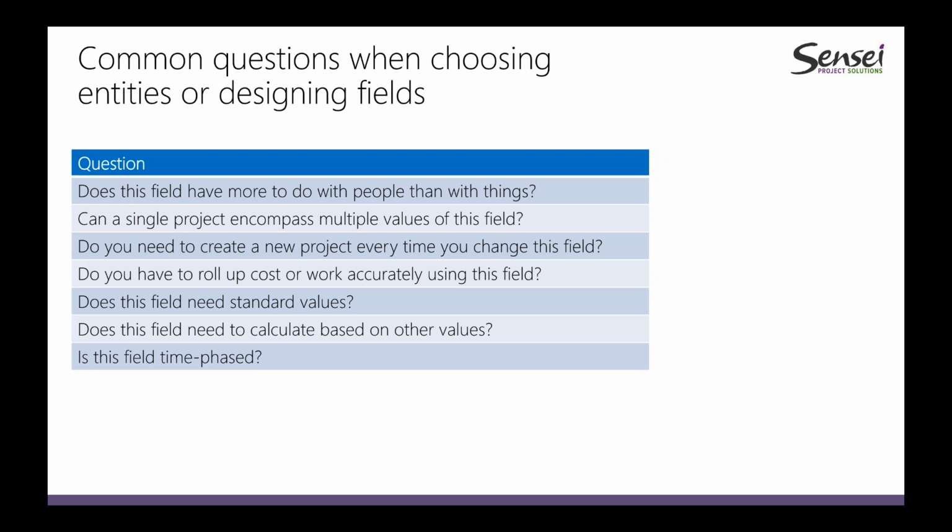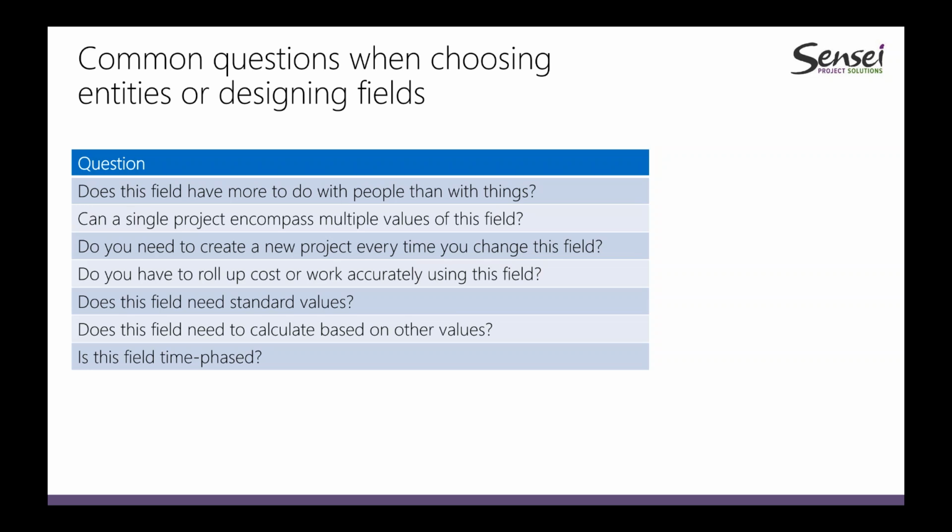And I get lots of these questions almost every day. So does this field have more to do with people than with things? Say, is it a skill? Is it a language? Is it a cost? A lot of times these things are related to people and to resources more than to particular tasks or other items.